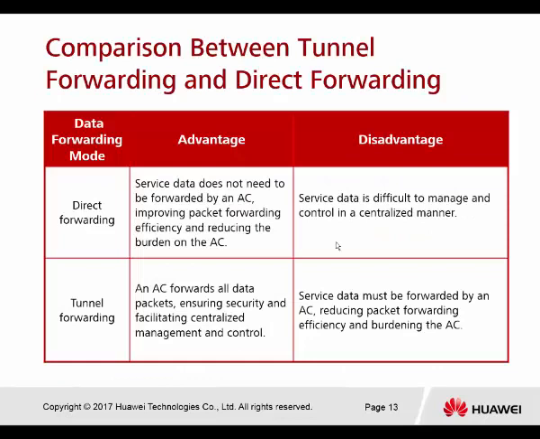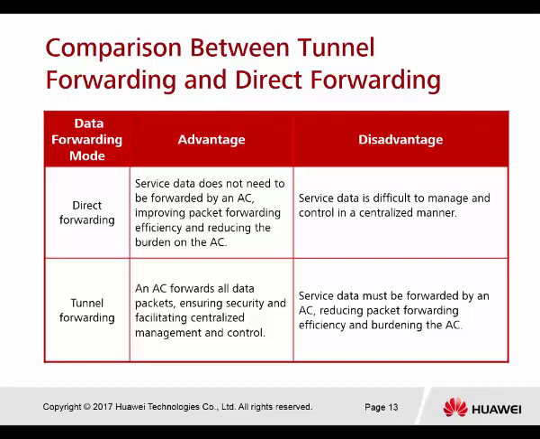So right here they have the advantage and the disadvantage of the direct and the tunnel forwarding. The advantage: service data does not need to be forwarded by an AC, improving the packet forwarding efficiency and reducing the burden on the AC, because all the data can just go directly without passing through the AC anymore, so they are able to have better performance.